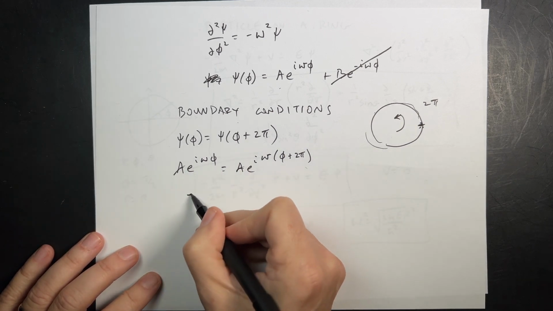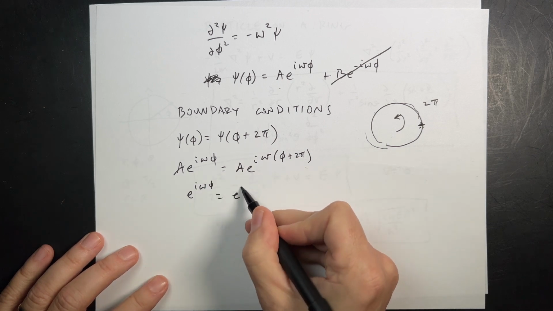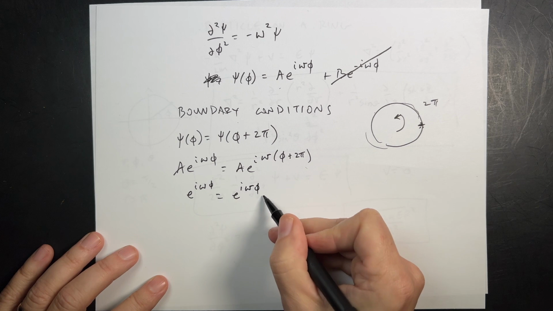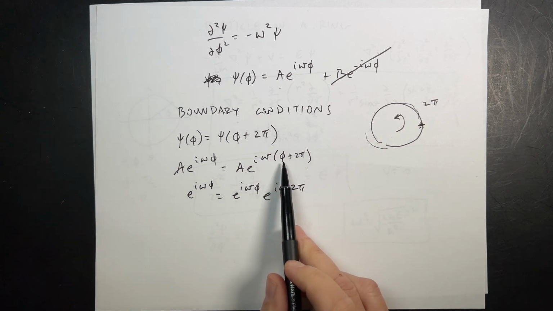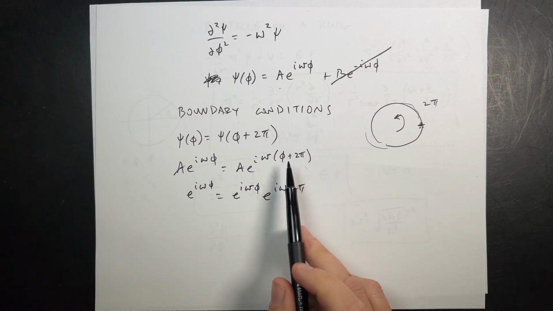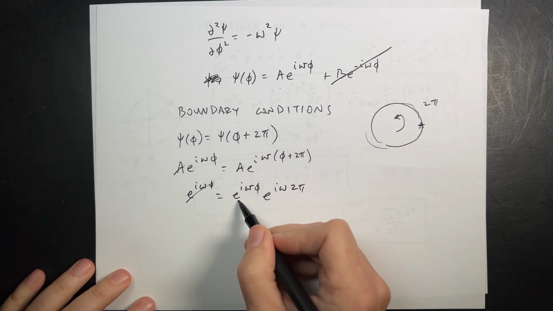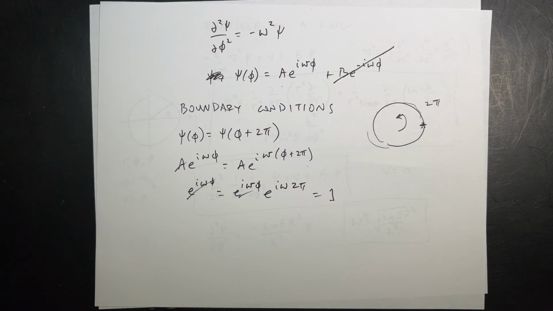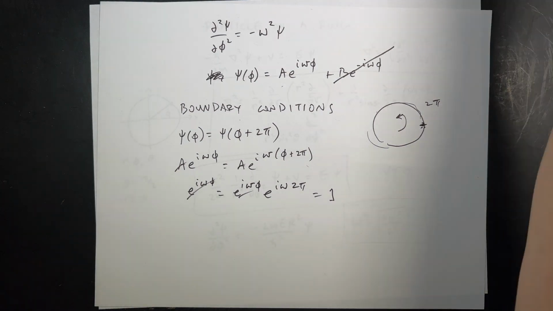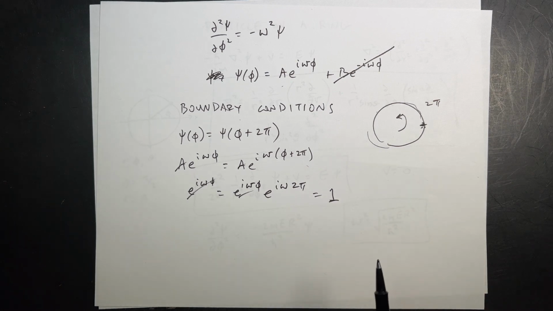And I can write this as e to the i omega phi equals e to the i omega phi times e to the i omega 2 pi, right? Because I can write this sum in the exponent as a multiplication, like that. And again, those cancel. So I get that this has to be equal to 1. Now, if I want that to be equal to 1, what has to be true? Well, let's use the Euler equation and convert this back to trig functions.